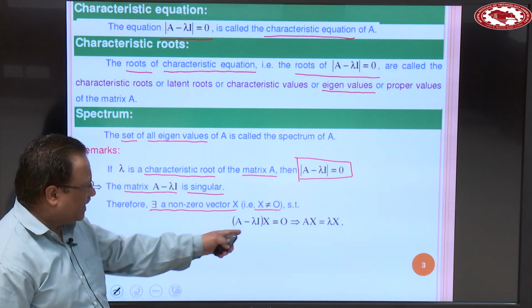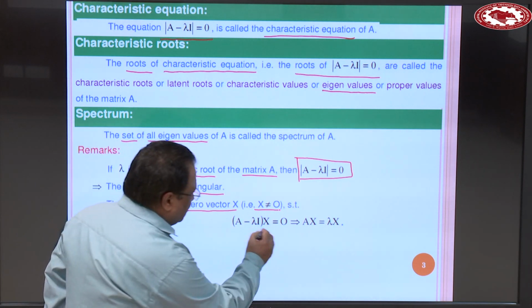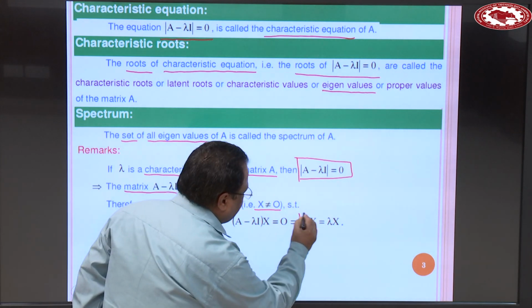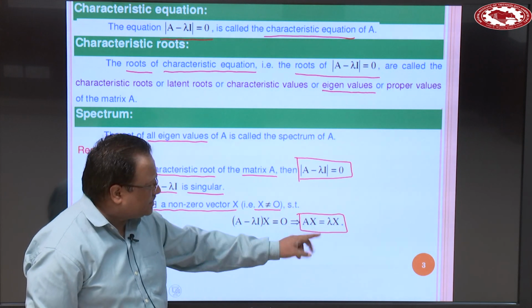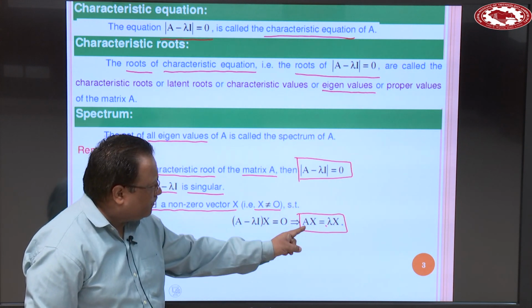When you solve this, we obtain Ax is equal to lambda x. So, Ax is equal to lambda x shows that lambda is an eigenvalue of A.